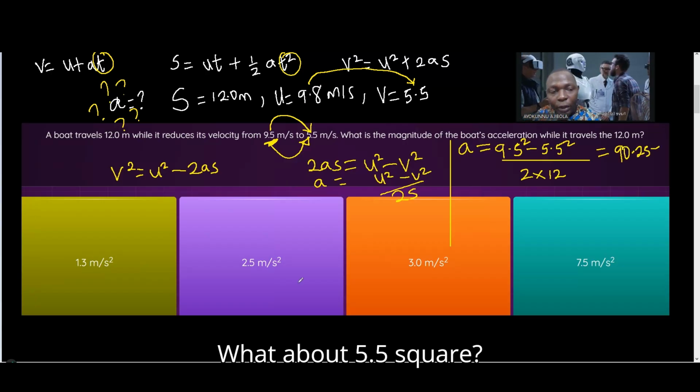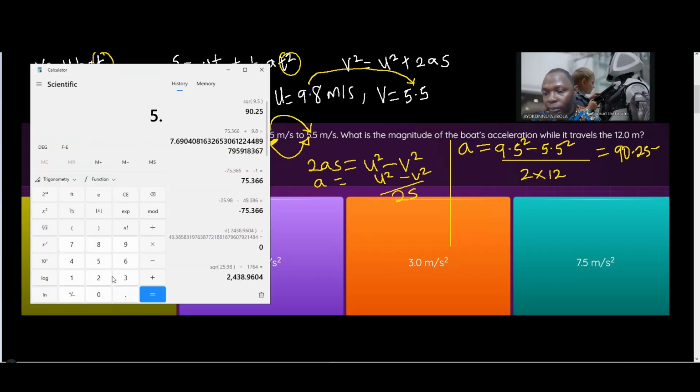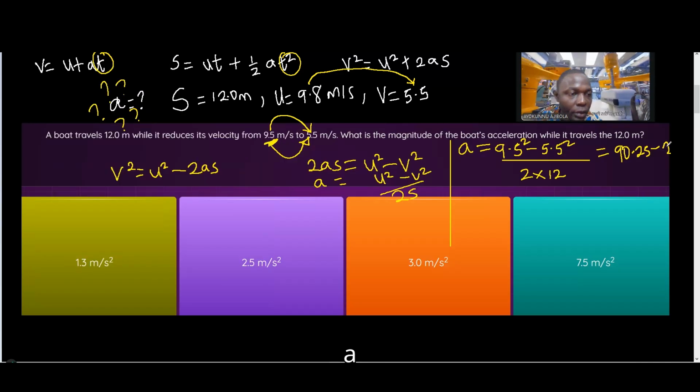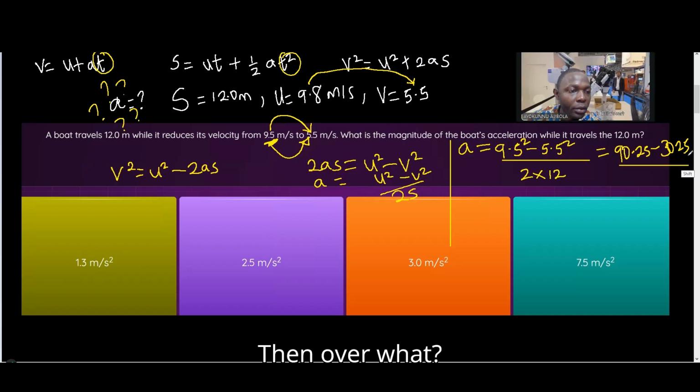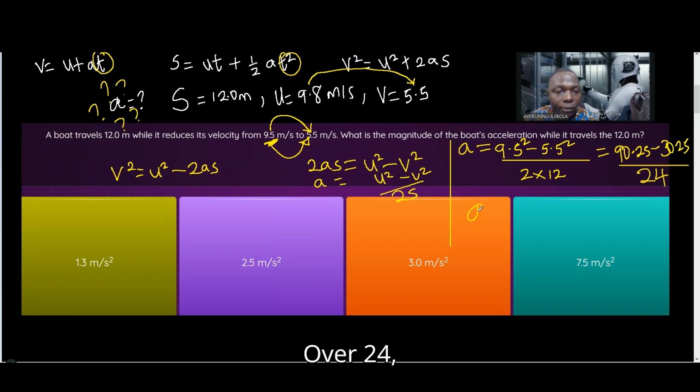What about 5.5 squared? 30.25, right? Yes, sir. 30.25. Then over what? 24. Over 24.